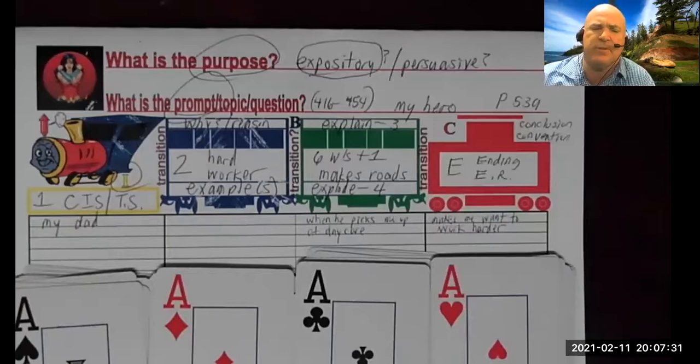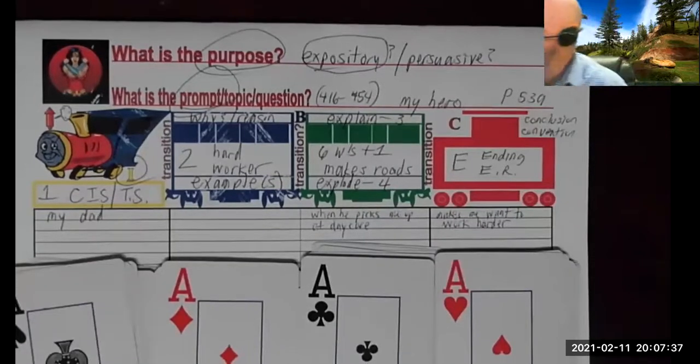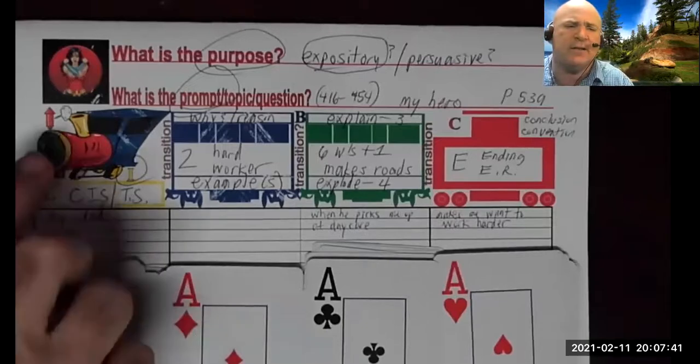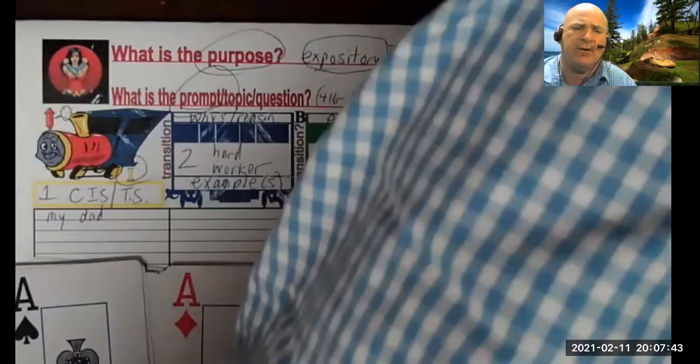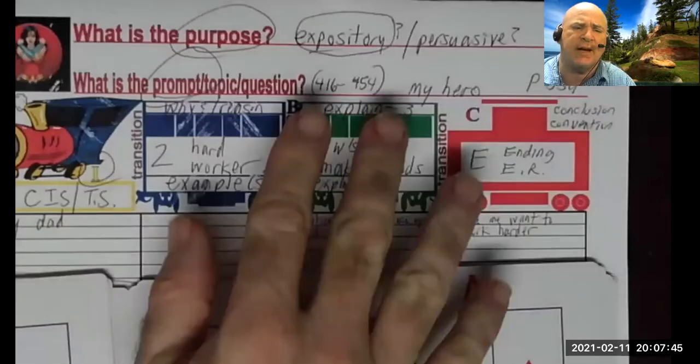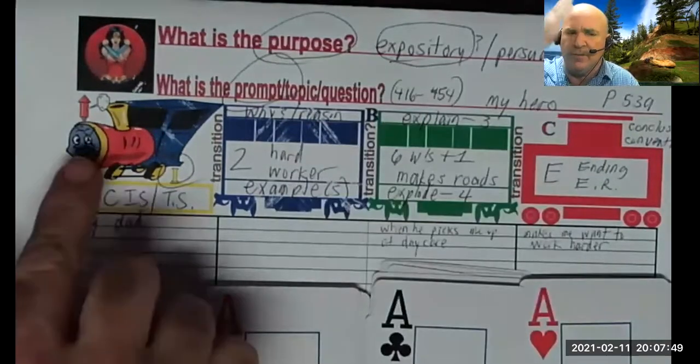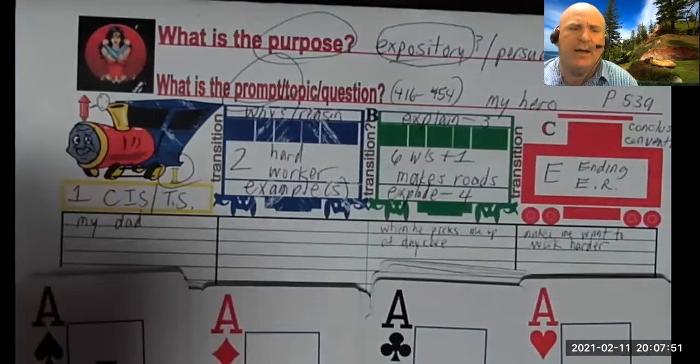Now, the essay that we're going to look at chose her dad as her hero. That was the idea. So if you look closely at the train, I crossed off one of his eyes because you can only have one idea about the topic.